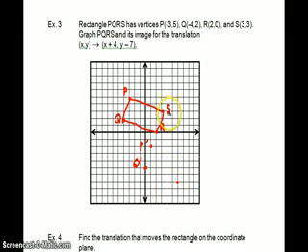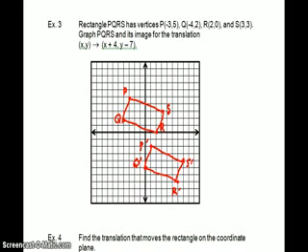And then S, 1, 2, 3, 4, down 1, 2, 3, 4, 5, 6, 7. That'll be R prime and S prime. And if we connect the dots, P prime, Q prime, R prime, S prime is right there.